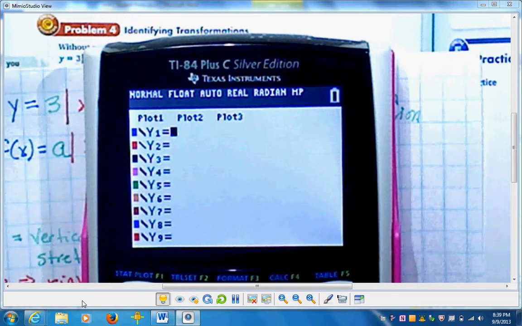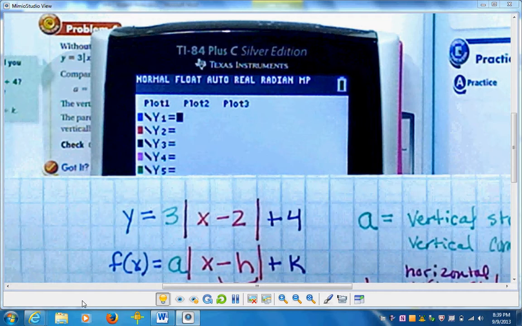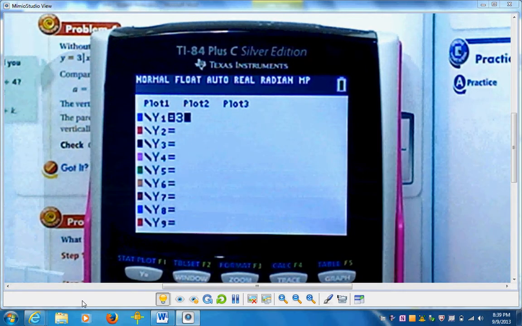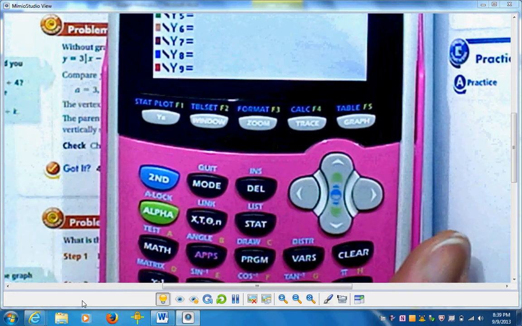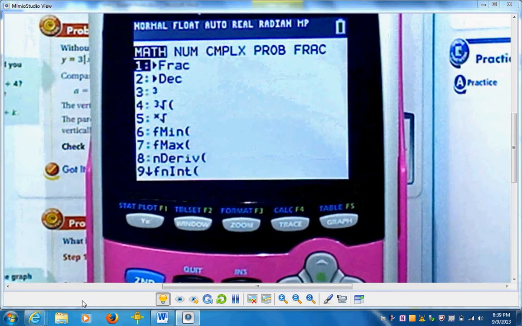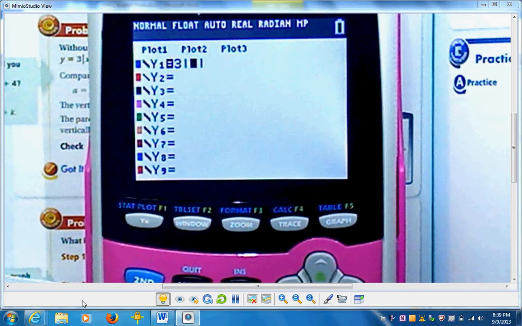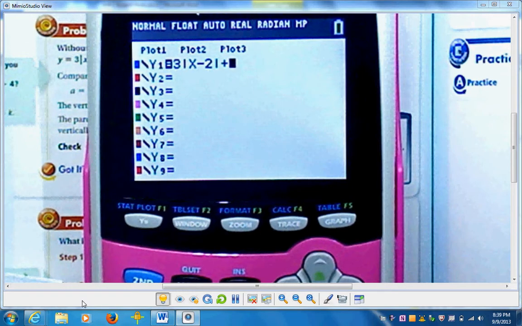So I'm going to go ahead and put in my function just as I see it. So I'm going to put in 3, and I'm going to put in the absolute value. So to get to the absolute value, I'm going to go to math, and then scroll over to numbers. There's my absolute value. On this calculator it gives us those nice bars. I'm going to put x minus 2. Then I've got to scroll outside that absolute value, and I'm going to put in +4.